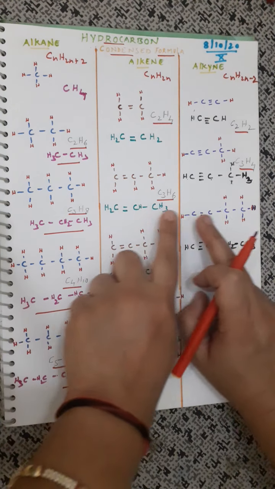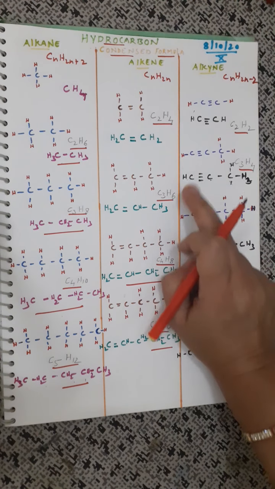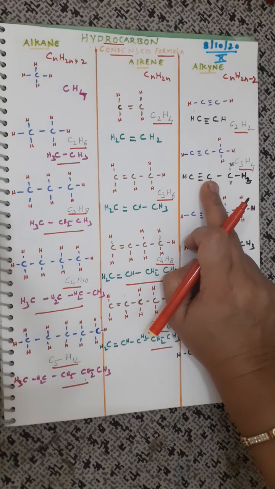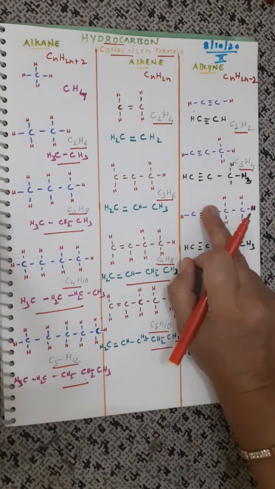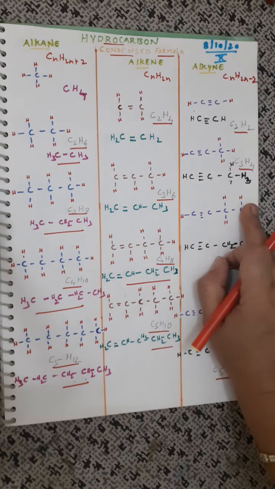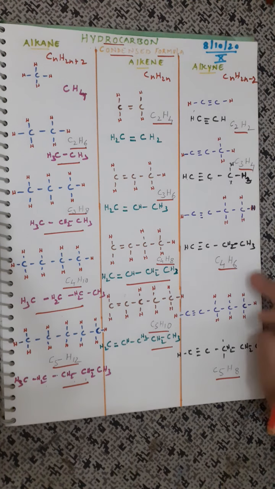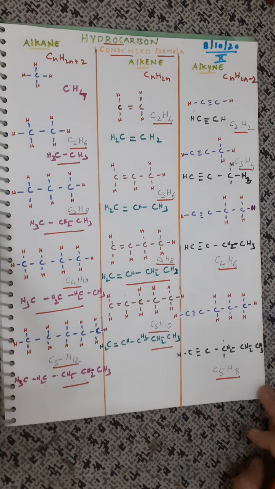Coming to the triple bond case, the first carbon will have only 1 hydrogen, whereas the second carbon will not have any hydrogen. So you see that it's simply C. And the rest will continue as it is. So these are your condensed and the structural formula.